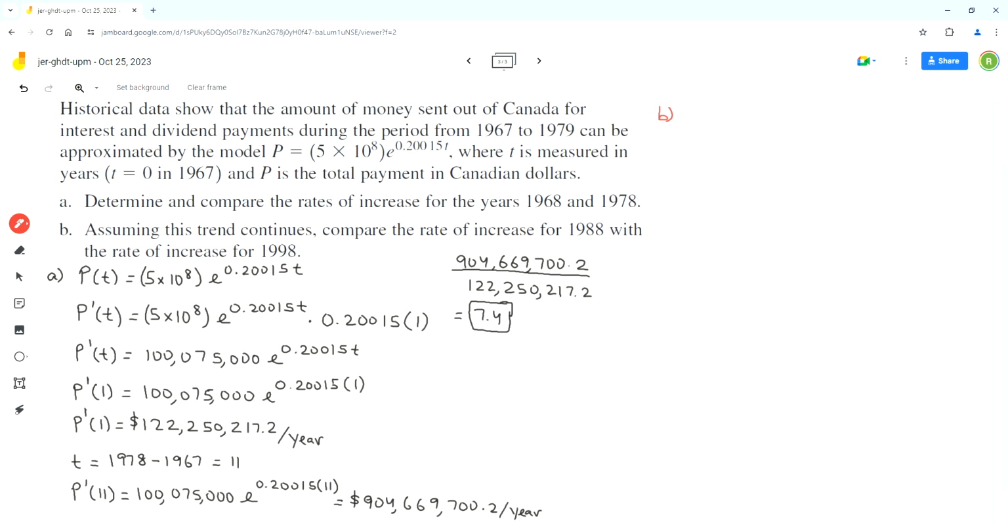First we'll have to find the t value we can use for 1988, and for that we'll do 1988 minus 1967, the reference year. So I got 21. Now we have to sub in t as 21 in the P prime function.